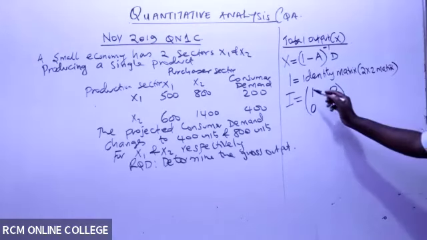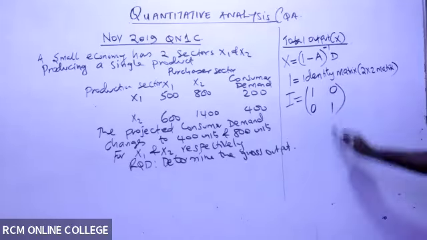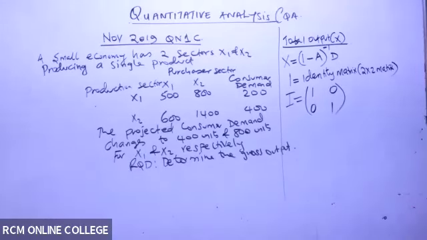So you can see it has 2 rows by 2 columns.